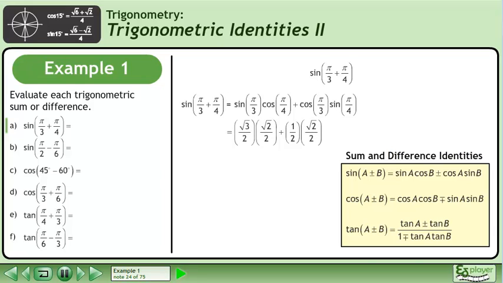Find the exact values of each trigonometric ratio. Simplify. Add the fractions to get root 6 plus root 2 over 4. We have now found the exact value of sine of 7 pi over 12.